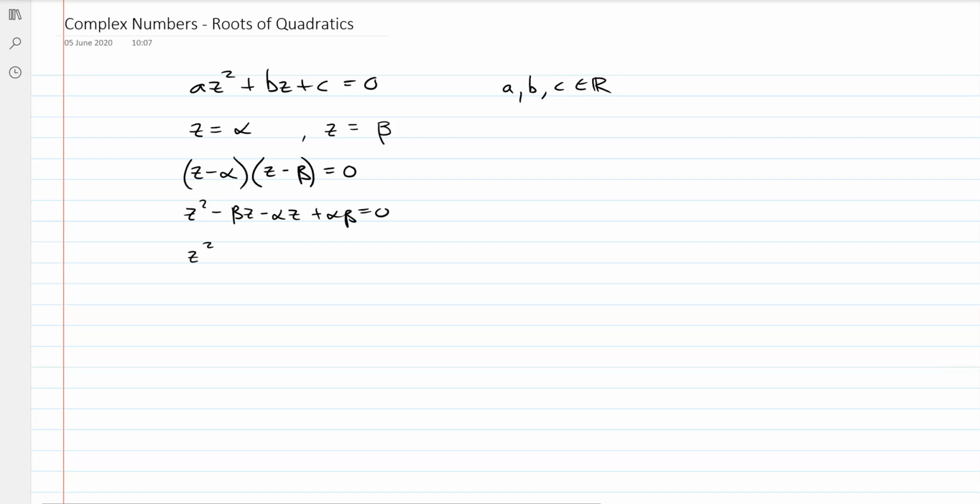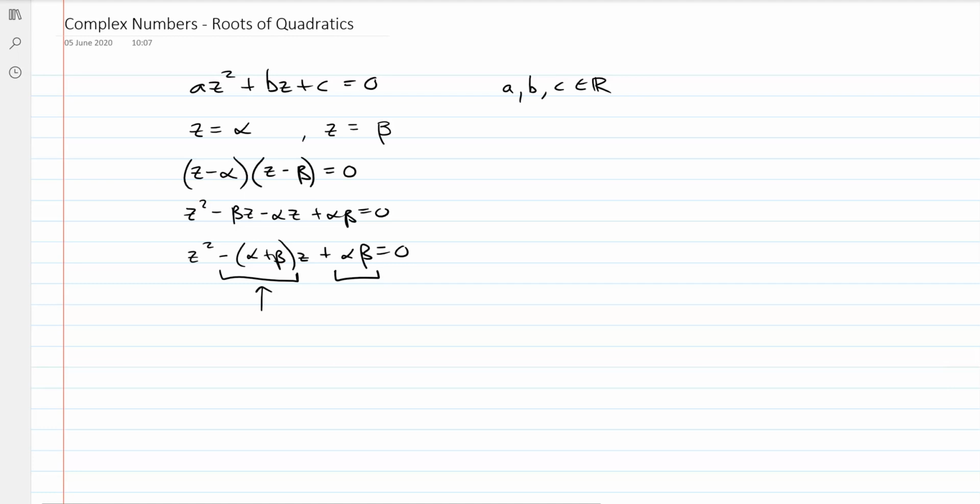And then we can take out z and we can take out the negatives, so you get minus alpha plus beta, z, plus alpha beta. And this comes into our polynomials chapter as well. This is minus the sum of the roots, alpha plus beta, and this is the product of the roots, alpha beta. We're going to come into a lot more detail on that as well.